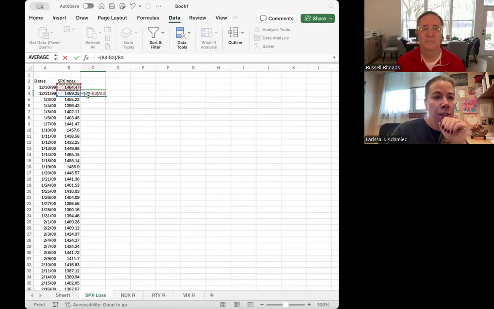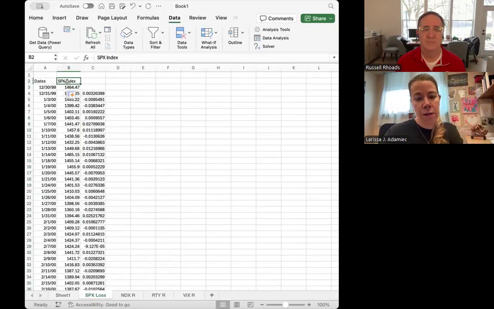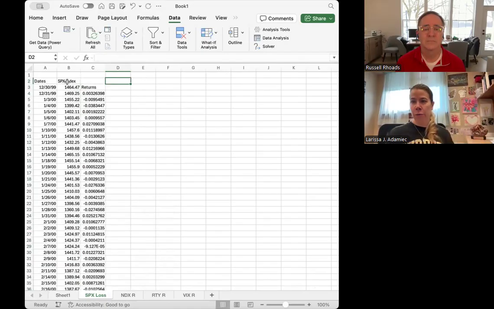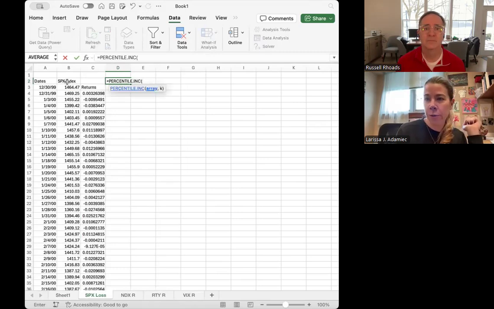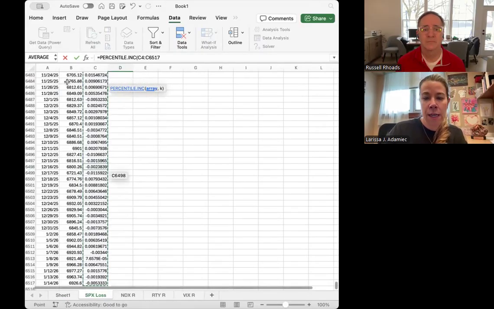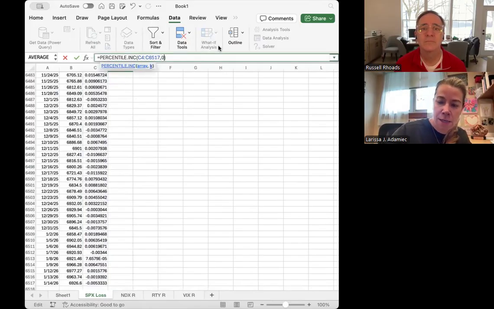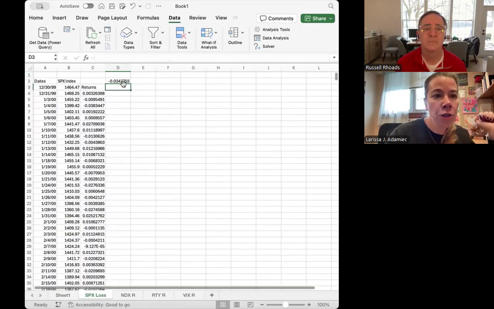I know for some of my students, it's good to keep seeing this over and over again. So we're going to say returns. Now we've got to figure out some boundaries, right? Percentile include. So we're going to look at the returns, and because I've done this before, we'll start with 0.01.